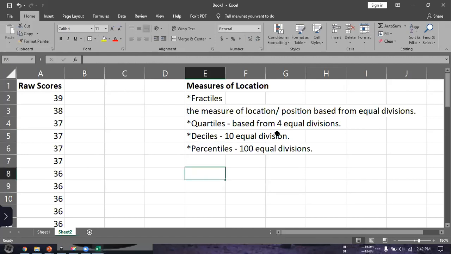Now, I would just like to illustrate one of these measures and then relate it to the other measures. Let's start with the quartiles. Let's say we have your test scores on your midterm exam, from the lowest score up to the highest score.